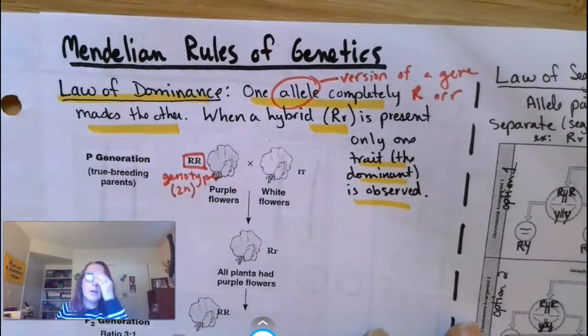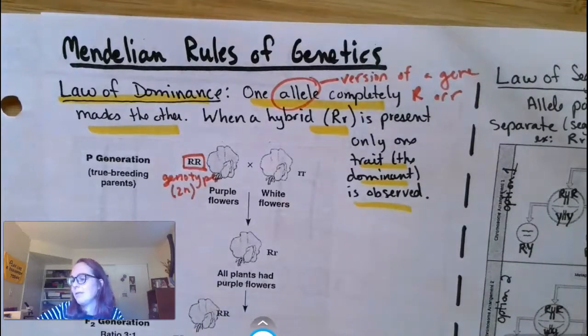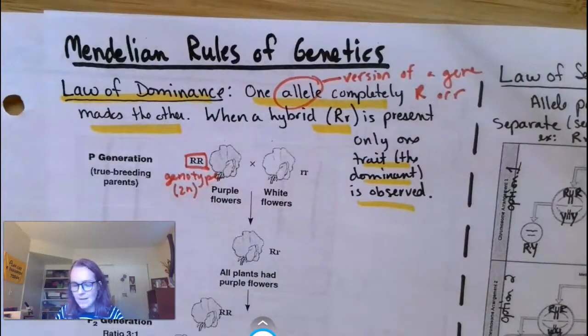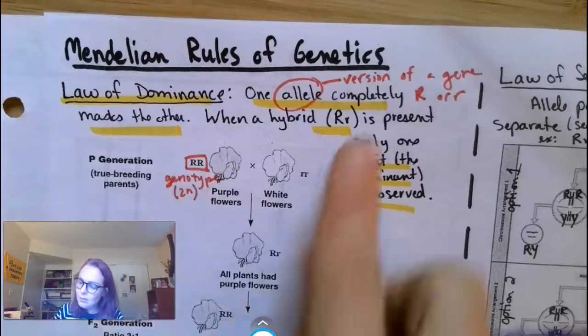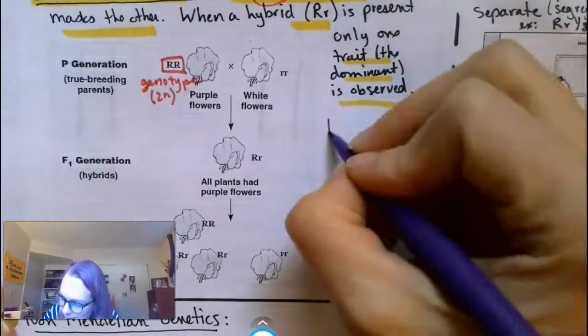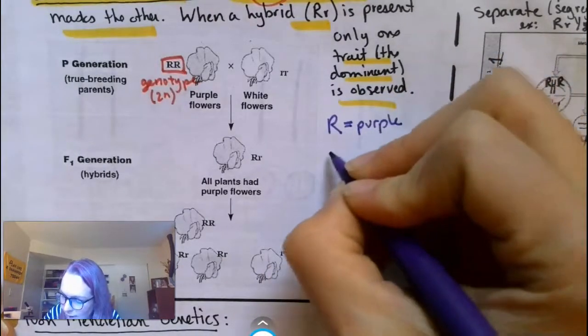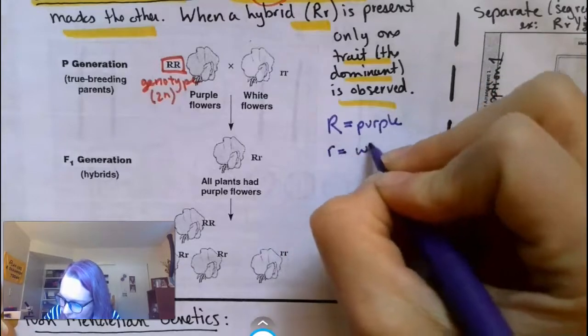Okay? We're going to look at an example of when the laws of dominance are followed with a certain type of pea plant flower color. In this case, we have two alleles for pea plant flower color. We have one allele, big R, that stands for purple, and we have one allele, little r, that stands for white.